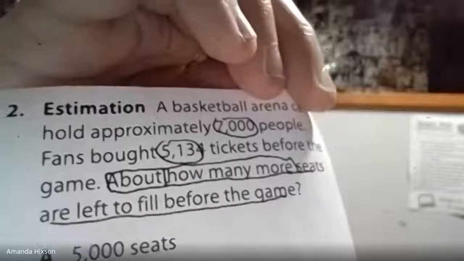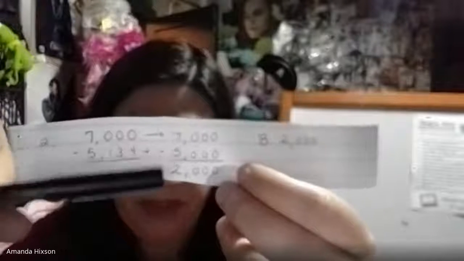Let's subtract. So if you had 7,000 seats and 5,134 tickets sold, you round: 7,000 stays 7,000, and this one becomes 5,000 because the place is a 5 and the next door is a 1, and 1 is 4 or less, so it just lays to rest at 5,000. And 7,000 minus 5,000 is 2,000, so your answer is B, 2,000.